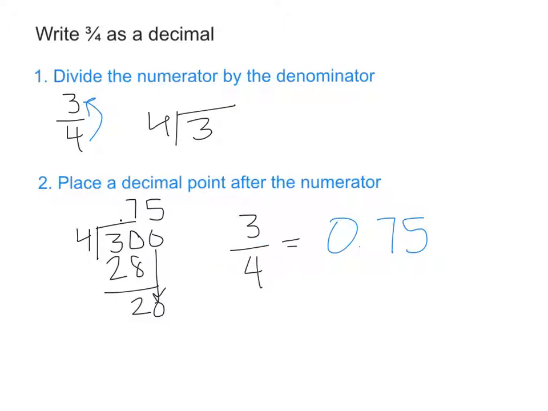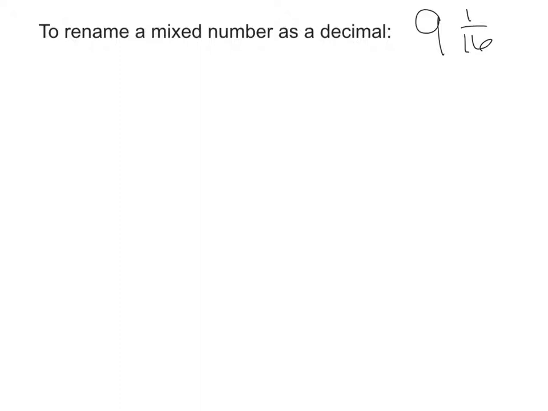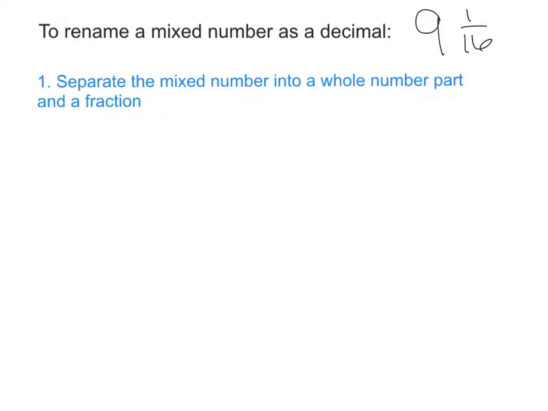Now, to rename a mixed number as a decimal, like we have here, 9 and 1/16, we first separate the mixed number into a whole number part and a fraction. And you might be going, what are you talking about? Well, if we have 9 and 1/16, it's called a mixed number, right?